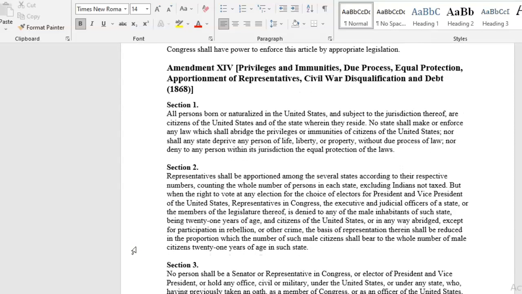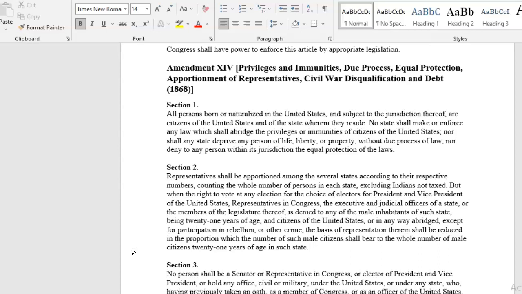Let's look at, I had spoken before about the 14th, saying that it was also about due process and about law. And it talks about privileges and immunities, due process, equal protection, and then it goes on to talk about apportionment of representatives and Civil War disqualification and debt.